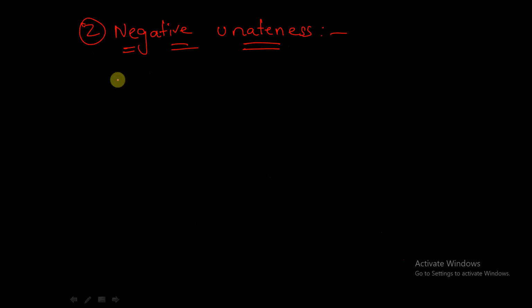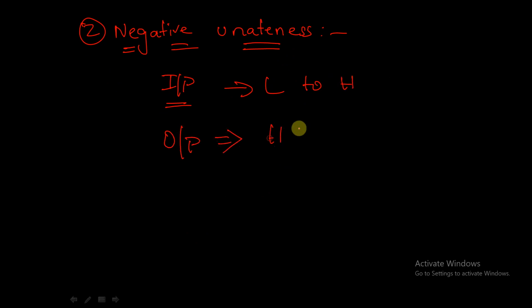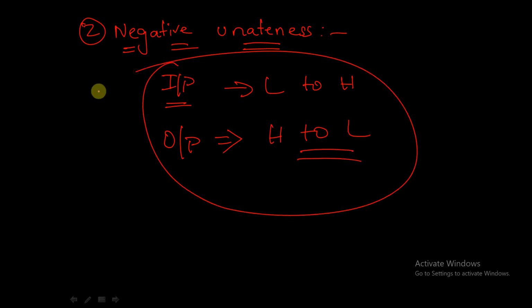What can it be? So, NOT gate, yes. In the case of negative unateness, when the input goes from low to high, the output will go from high to low. So this is negative unateness. The best example is the NOT gate.